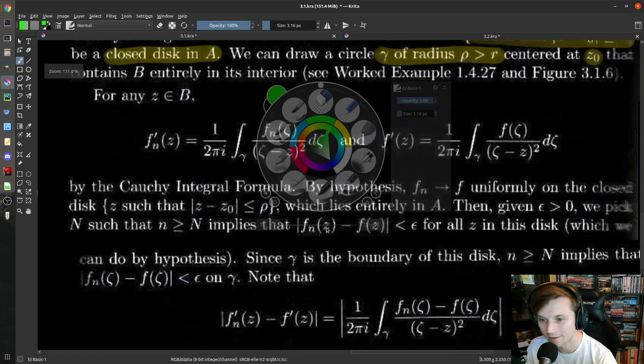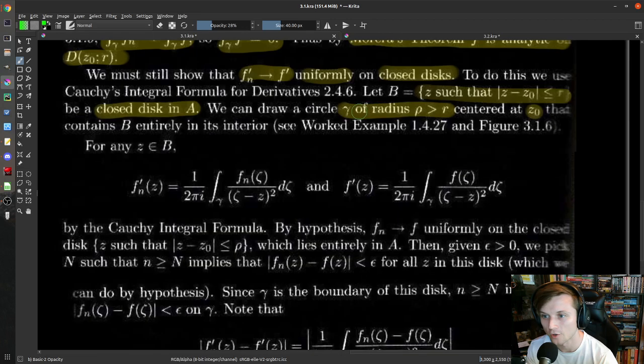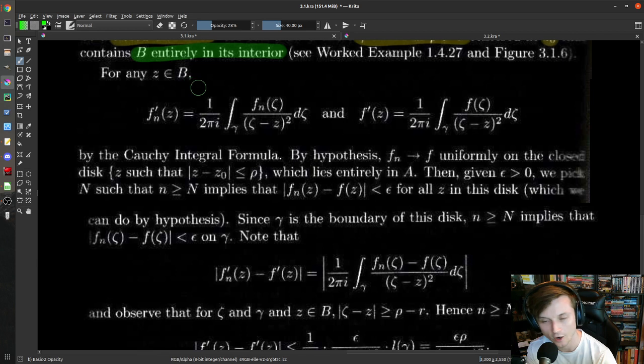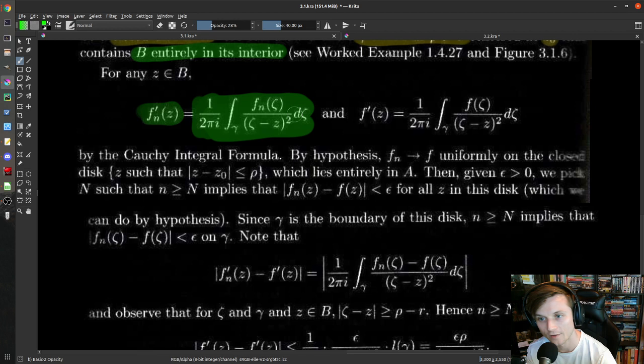So we can draw a circle gamma of radius rho, a little bit bigger than r, centered at z naught, that contains B entirely in its interior. For any z in B, since we are containing it entirely in the interior of this curve, we can write the nth derivative of one of these functions in terms of Cauchy's integral formula as 1 over 2 pi i, the contour integral about gamma of fn over zeta minus z to the power, d zeta.